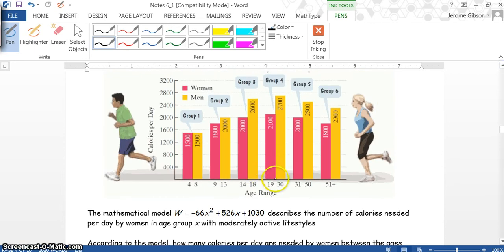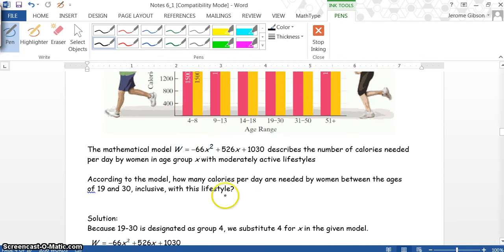Now, if we look here at this model, the age range is 19 to 30, and women are pink. So for 19 to 30, these women need 2,100 calories. And that is your final answer, 2,100 calories.